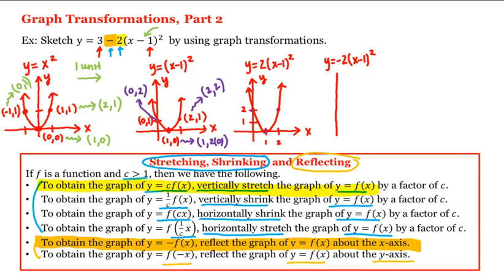So if this is the y-axis, and this is the x-axis, this is 1, 2, this is -1, -2. We still have the same vertex here, but now those other 2 points, 0, 2, and 2, 2, are going to be flipped down below the x-axis to 0, -2, and 2, -2. So this graph will look like this.